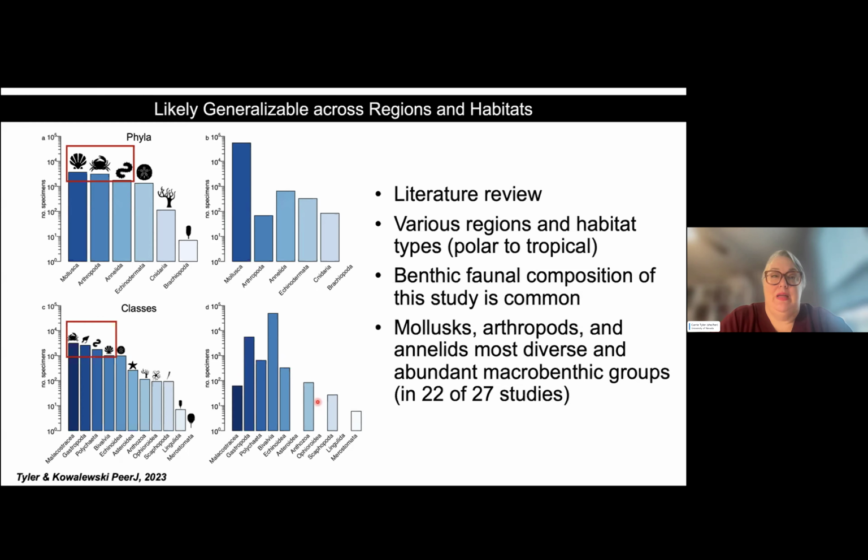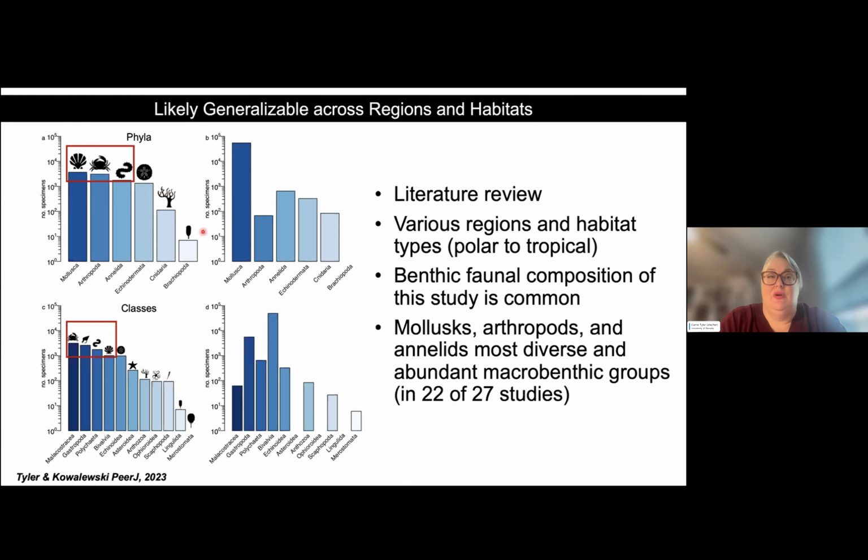In almost all of them, 22 out of the 27 studies that reported the number of individuals per phylum or class, those studies all had the same top three organisms that we found in this study.